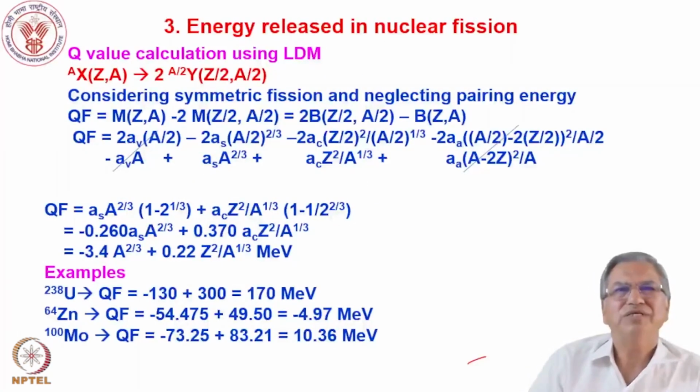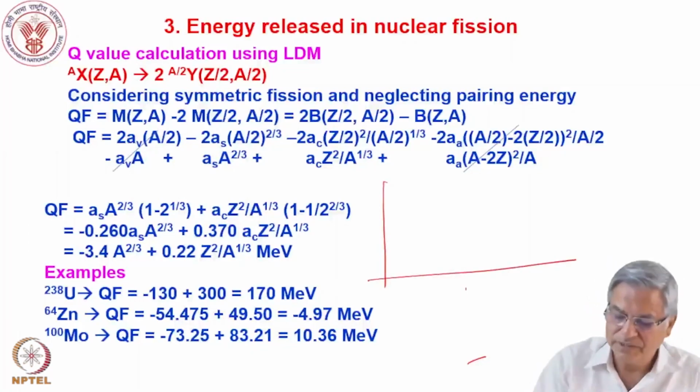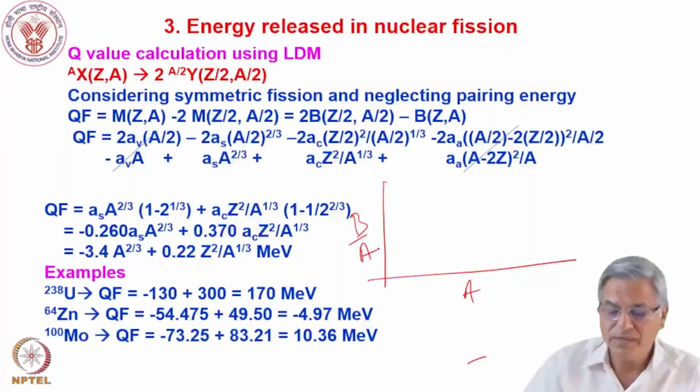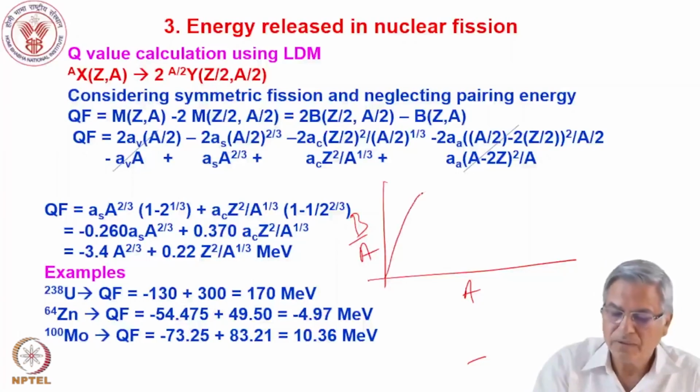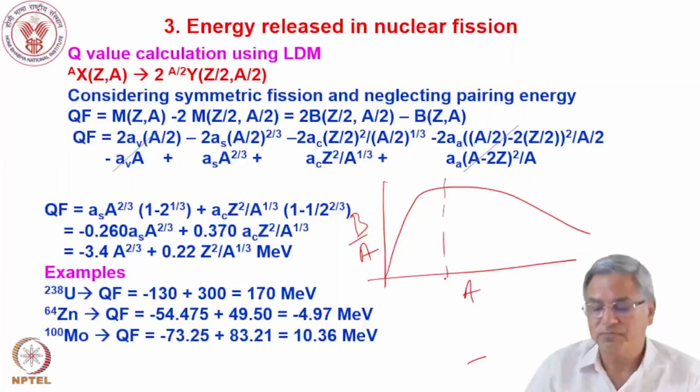Now let us see how the liquid drop model can explain the energetics of the nuclear fission process. We know from the binding energy curve, that is binding energy as a function of mass number, that the binding energy per nucleon reaches a maximum about mass number 60.